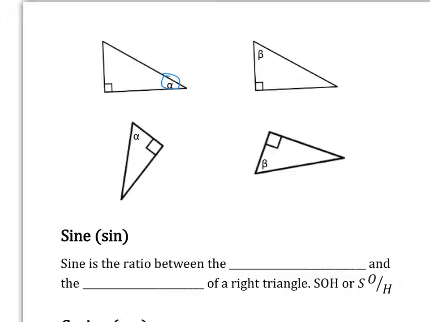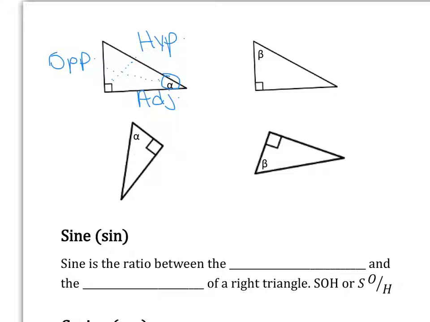So if I were to mark the opposite, I would go across from that angle, and this would be my opposite side, which I will abbreviate OPP. Then, the other side touching it is the adjacent side. And of course, the one opposite the 90-degree angle is always your hypotenuse.